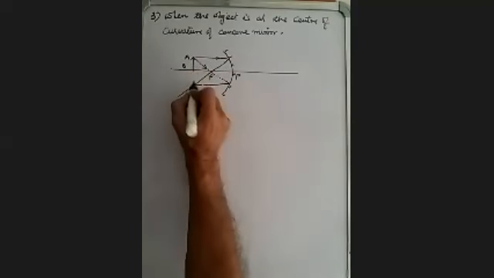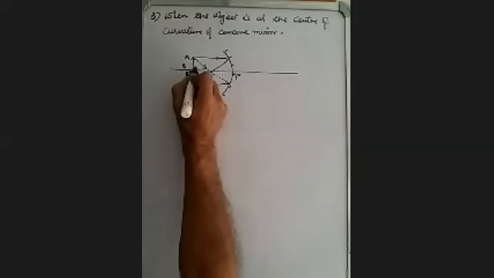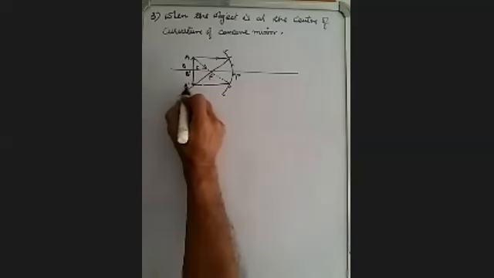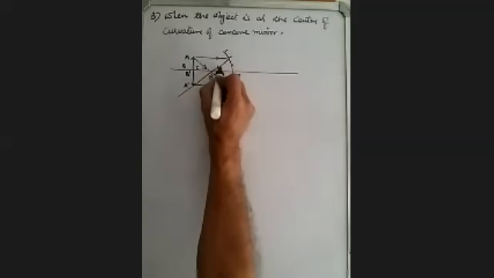And we shall find that the image is formed at the same position C. So A dash becomes C, where the two reflected rays meet.